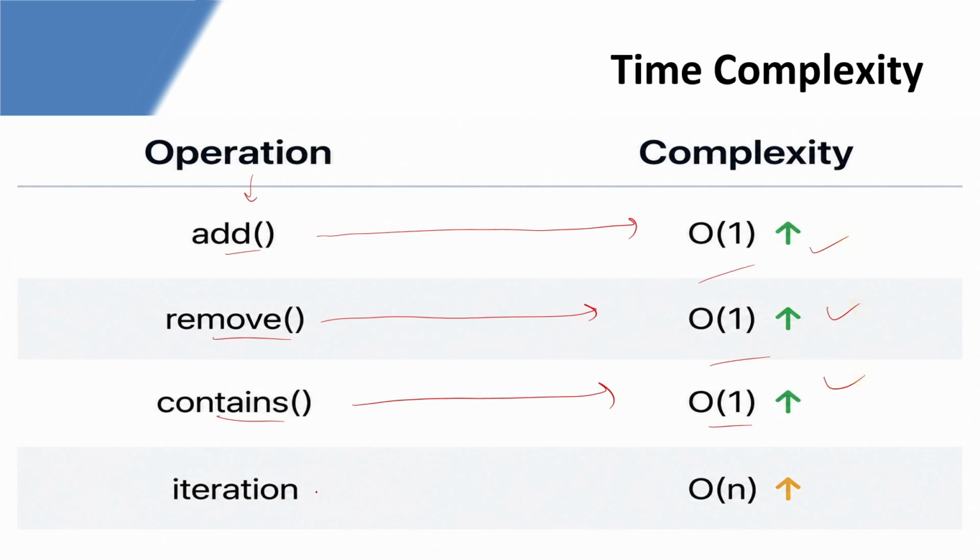But for iteration, it is O(n). What does iteration mean? That means it will iterate through each element, so it has to go to each element. That's why O(n). If it has n elements, then the time complexity is O(n). Okay, so this was time complexity.